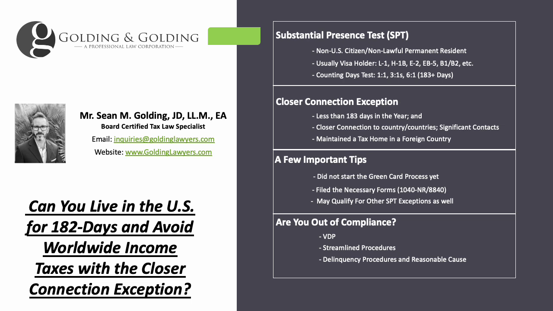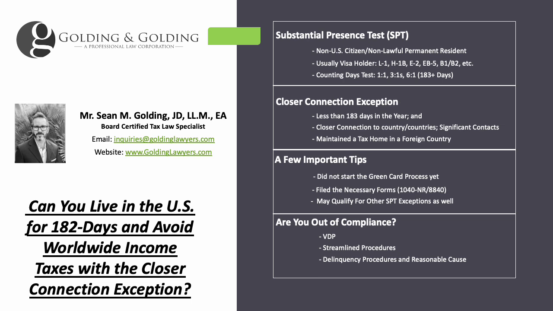One of the most important components of trying to use the closer connection exception is that you can't have started the lawful permanent resident green card process yet. Why? Because if you started that process, then essentially what you're saying is your goal, your intent is to be in the United States and to make that your home as a lawful permanent resident. So it would not work in the sense that if you were trying to show you have significant contacts in a tax home overseas, it would impact your green card application.